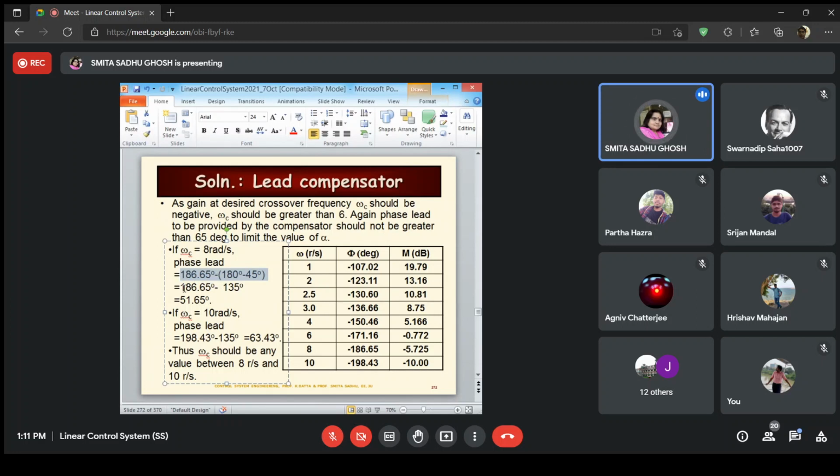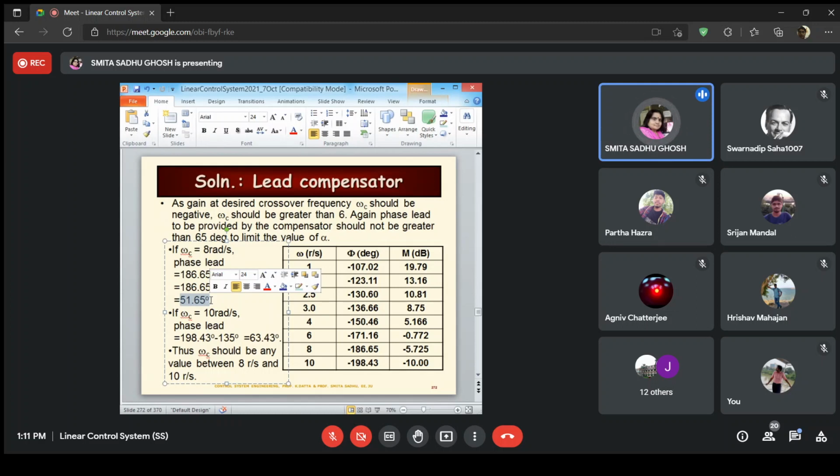So when I do that, ultimately the amount of phase lead that I want from my compensator boils down to 51.65 degrees. So if I want to place the compensated system GCF at 8 radians per second, the amount of phase lead that I would want from my compensator would be around 51.65 degrees. We can try to obtain that.